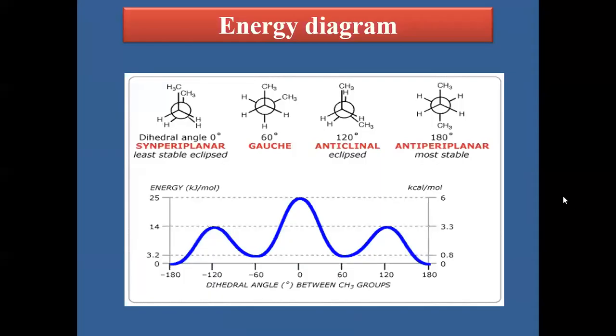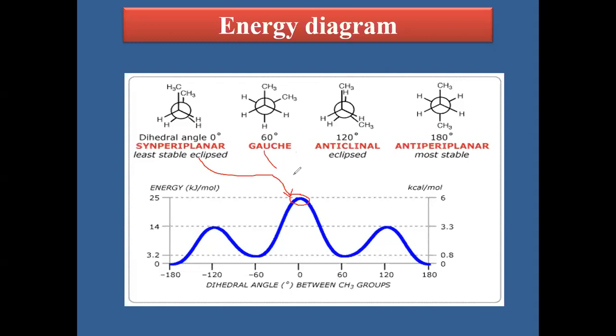So when you draw the energy diagram it looks like this. This one is dihedral angle 0, okay. Where the dihedral angle is 0, which one is that? Our methyl eclipsed form, fully eclipsed form, number 4. So that's why it has a high energy and it is the least stable.